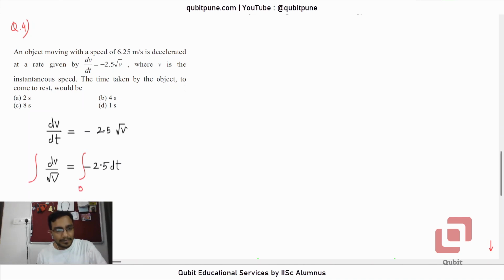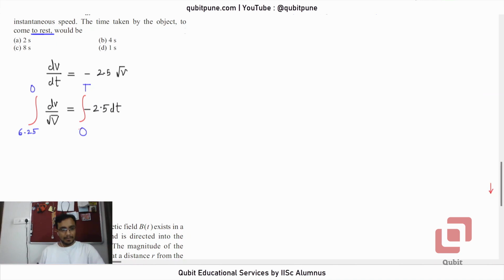At t equal to 0, velocity is 6.25. Now we want to determine the time when the final velocity, to come to rest, means the final velocity is 0. Can you solve this and tell me the value of time?